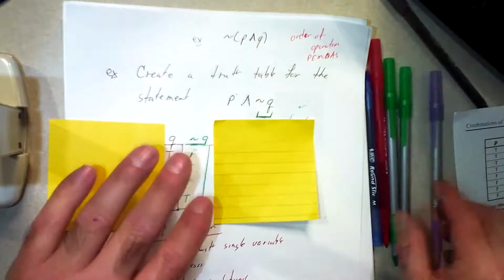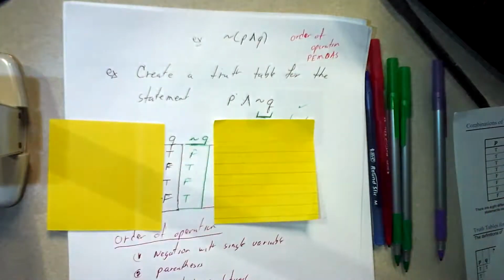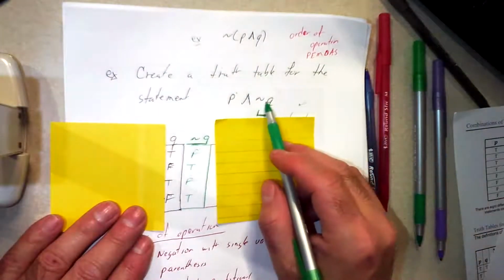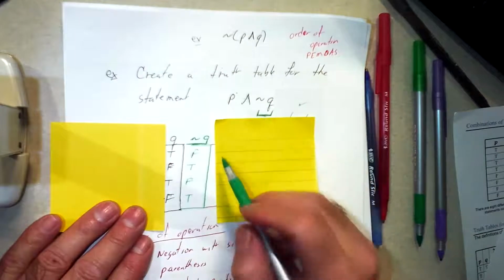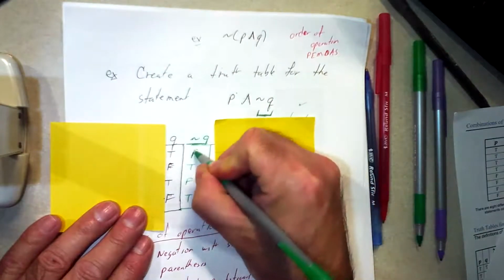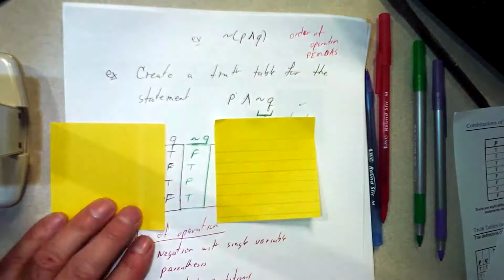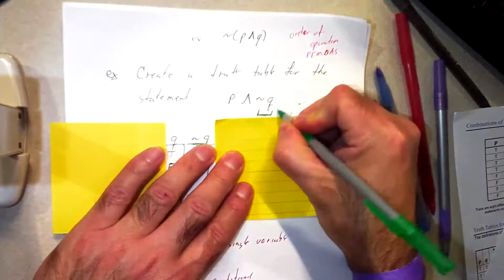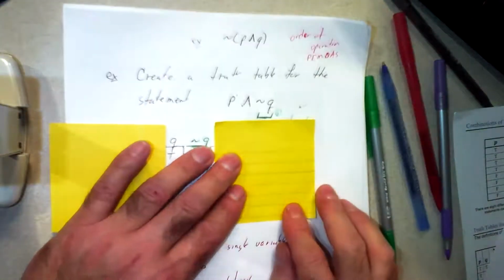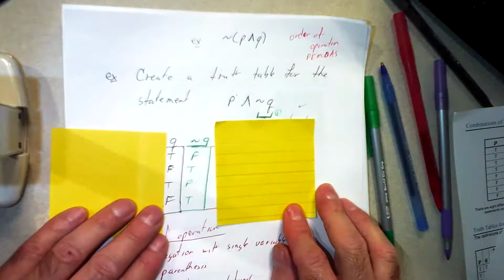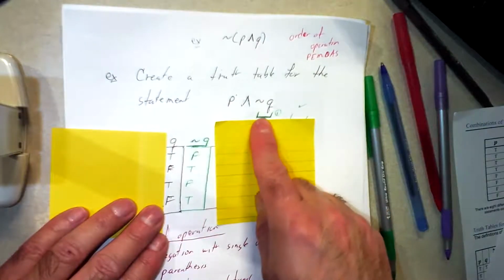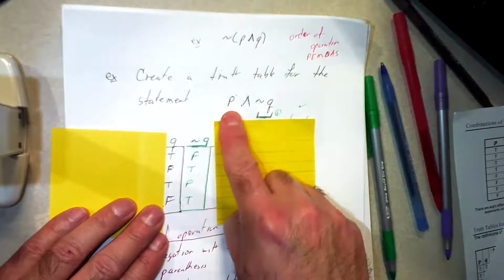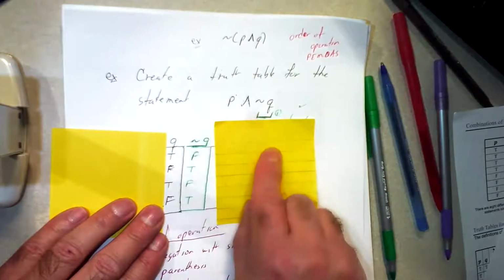So what I did was notate the first part that we have to do in green. So there's the green column, and I put my results in that column in green. That's step number 1. I already got the green column. Now I've got to do P and the green.